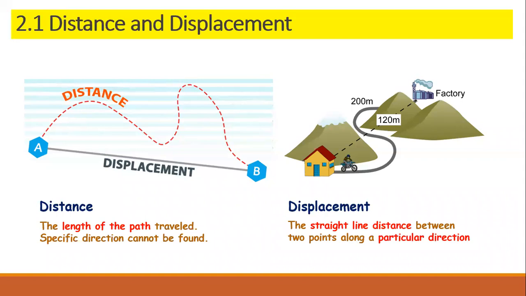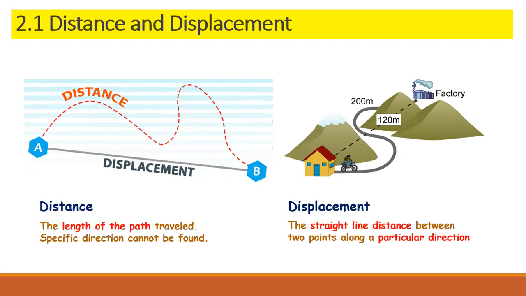When we learn about motion, distance is related to that word. Distance is the length of a path we travel. That means when we are going to the shop, we come out of our home, come to the gate or the road, and then walk to the shop.